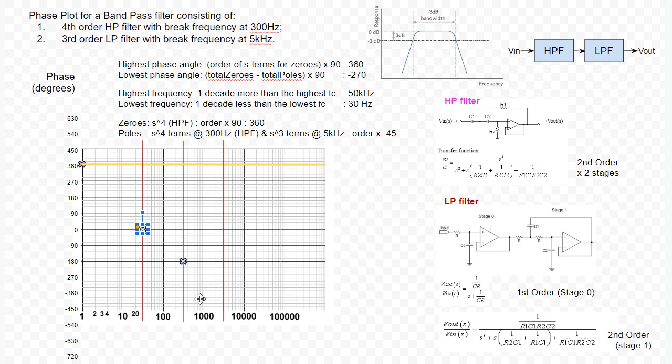And also a decade later. So 180 plus 180 would be 360. So there. So you have this shape here.